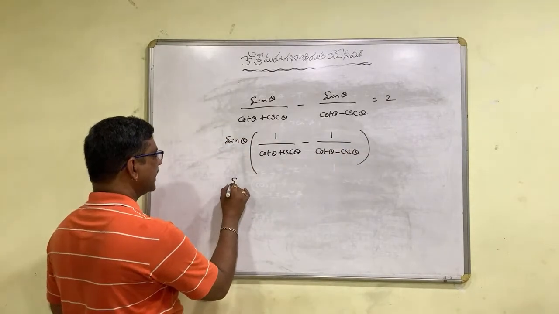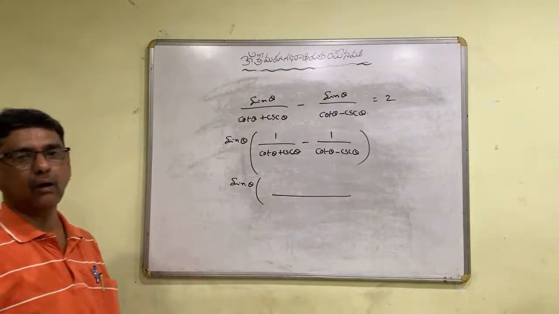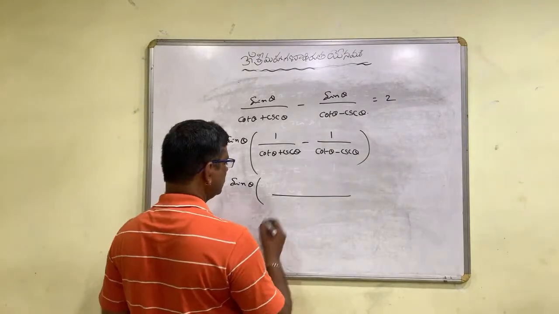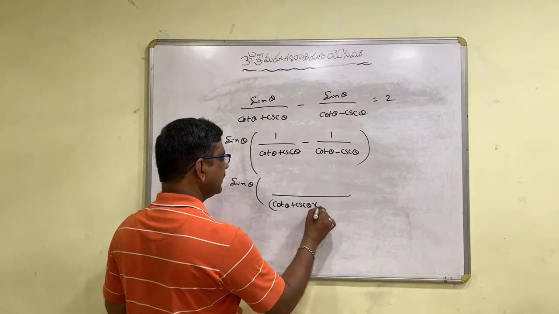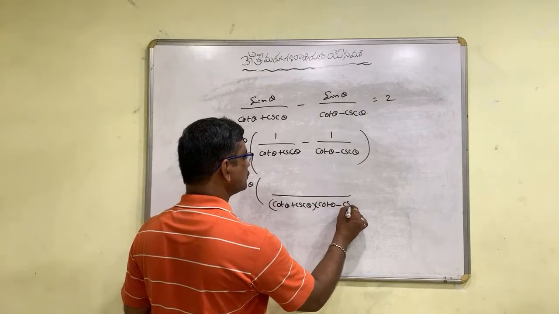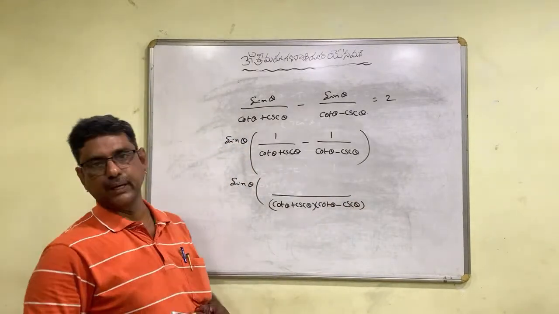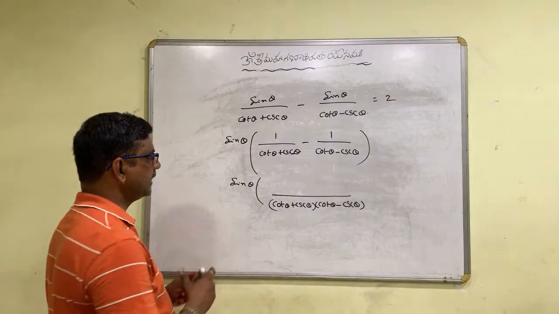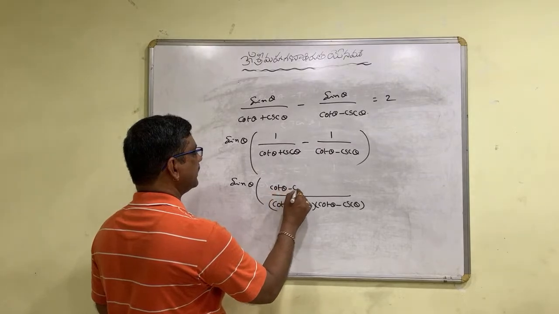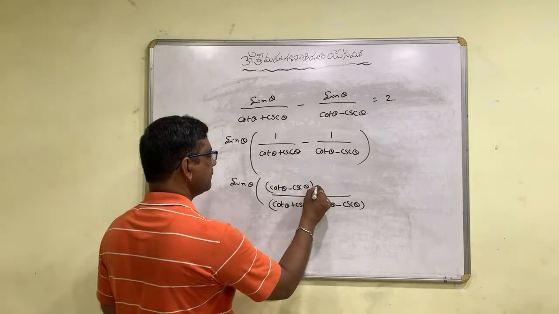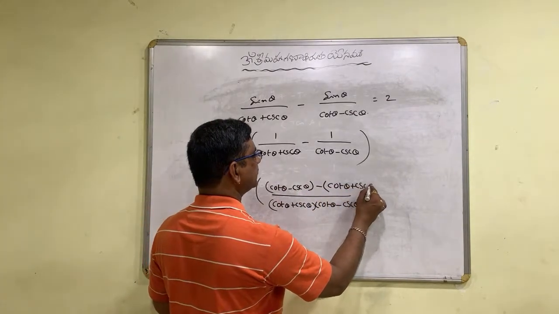Now I will take the LCM: cot theta plus cosecant theta into cot theta minus cosecant theta. On the top I will get cot theta minus cosecant theta minus cot theta plus cosecant theta.